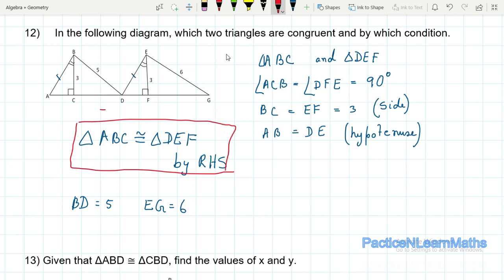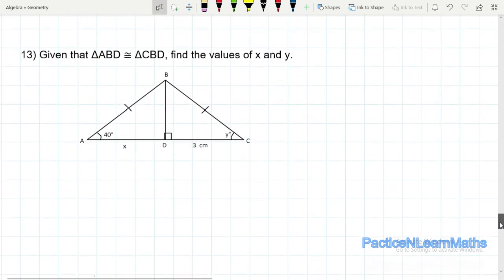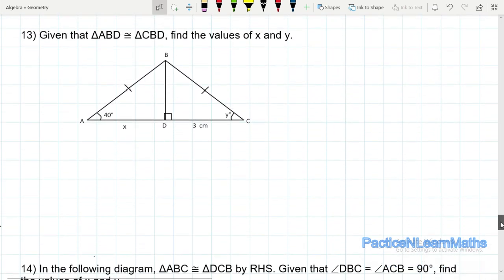Moving on to sum number 13. Given that triangle ABD is congruent to triangle CBD, find the values of x and y. Now, since these two triangles are congruent, the corresponding sides are also equal.